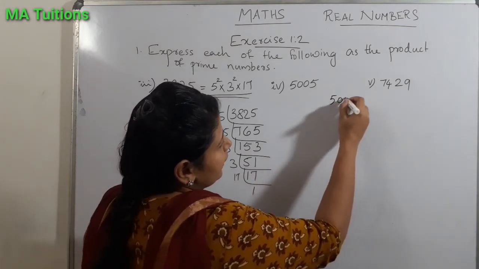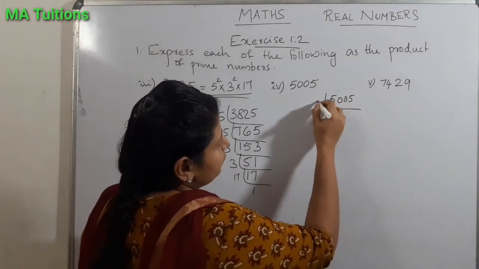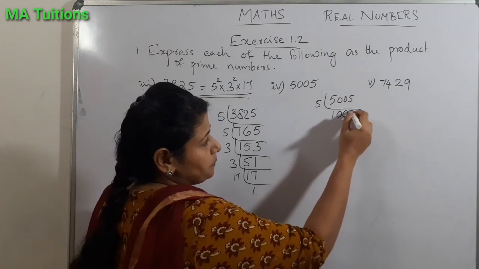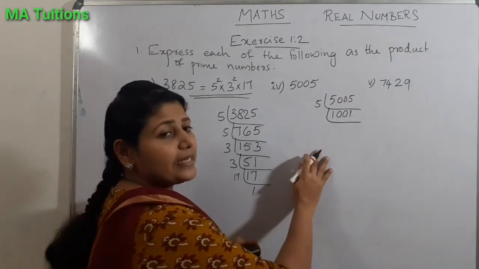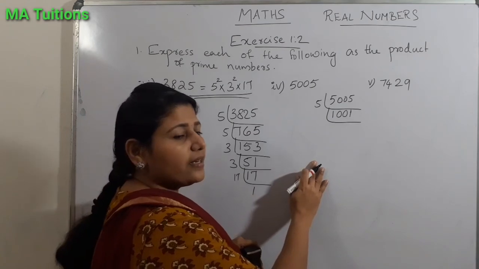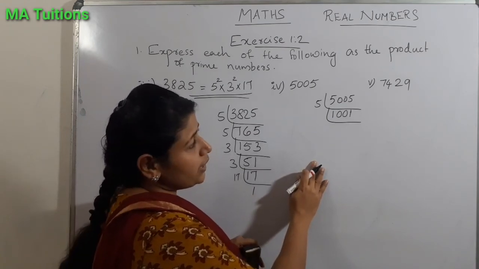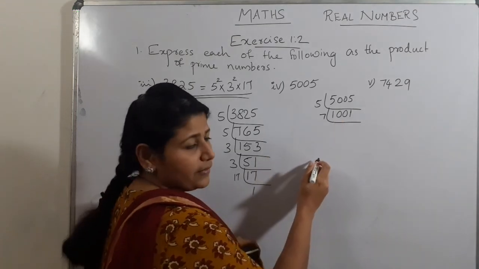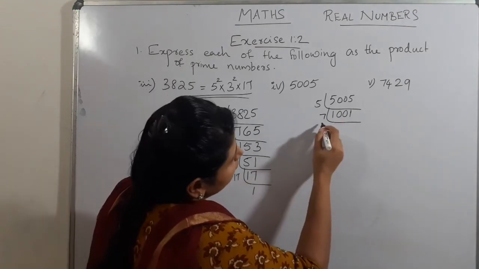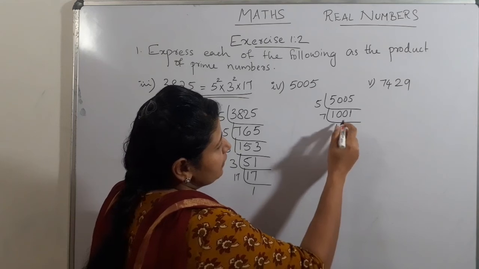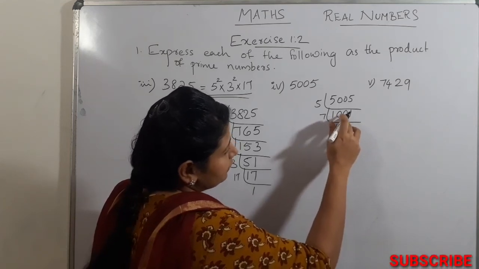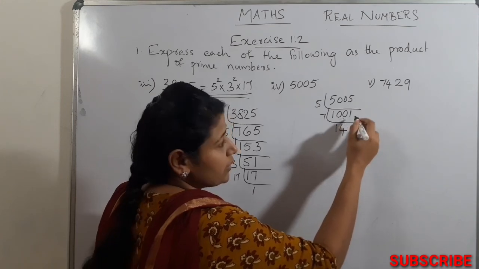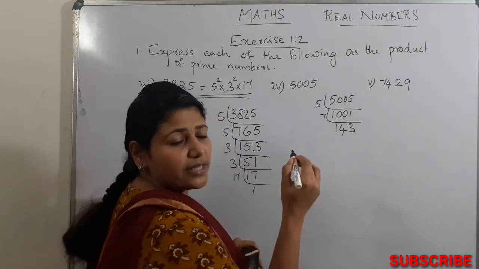Okay. Now move on to the next question, 5005. We will divide this 5005 with 5. We will get 1001. Then it is not divisible by 2, 3, 4 and so on, only divisible by 7. Okay. So when divided by 7, 1 times 7 it will go 7, then 30, 7 into 4 is 28, then 21 will come, 143 is there.